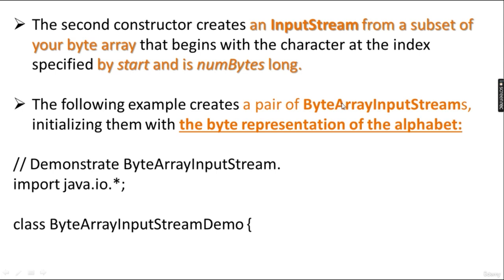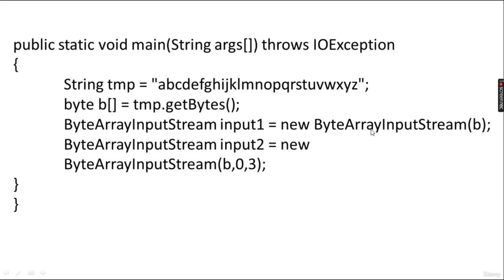Now we will create a ByteArrayInputStream, initializing them with a byte representation of the alphabet: abcdefghijklmnopqrstuvwxyz. All the characters are included from a to z. Then the byte array is taken.